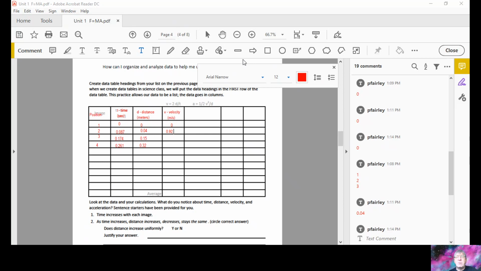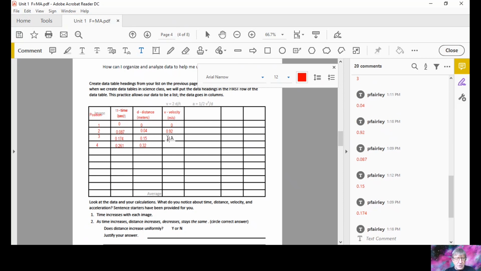Now I'm going to round it off to 2 numbers after the decimal point. I look at the number behind it. If it's 5 or more, I add 1 to this. If it's 4 or less, I leave it alone. So in this case, I'm going to leave it alone. 1.72 is my velocity.